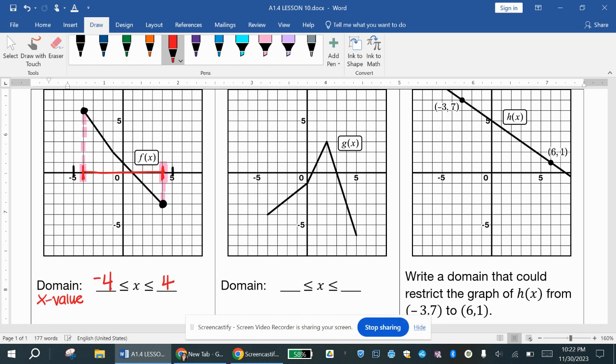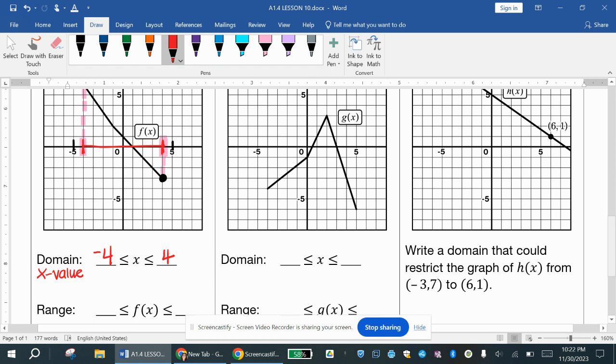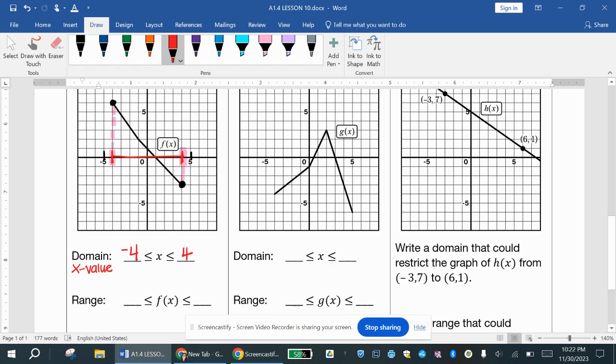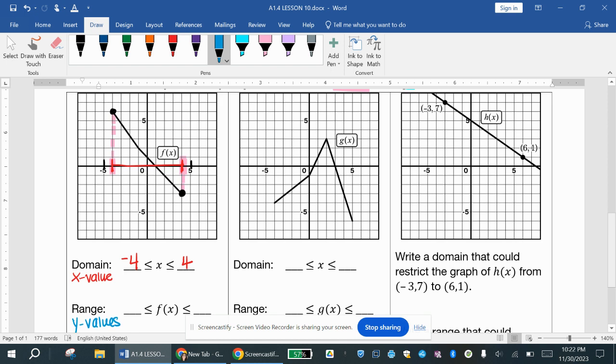Now, when I think of range, I should be looking at the y values. If you look, the highest point is the same as the farthest left point.